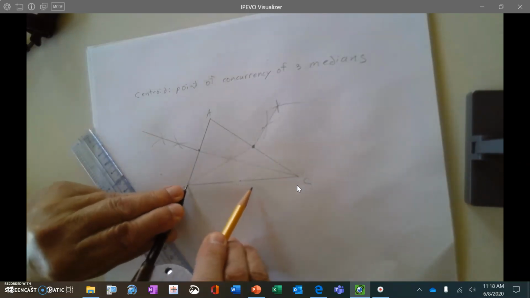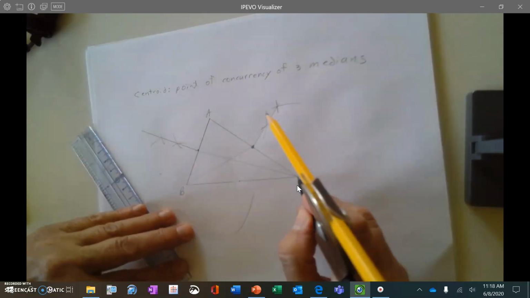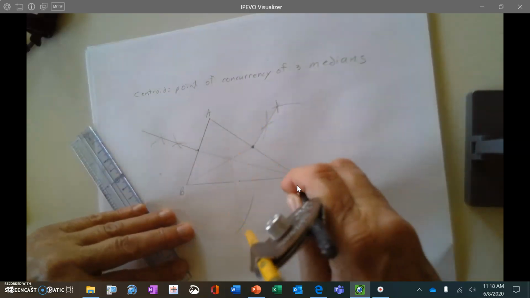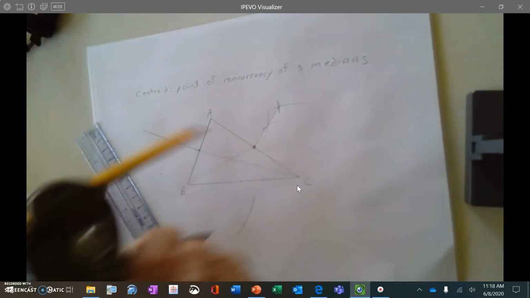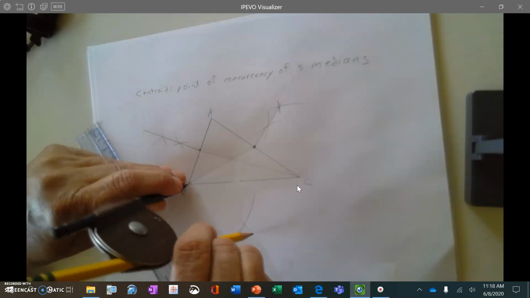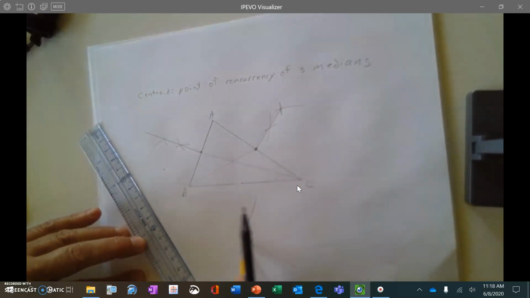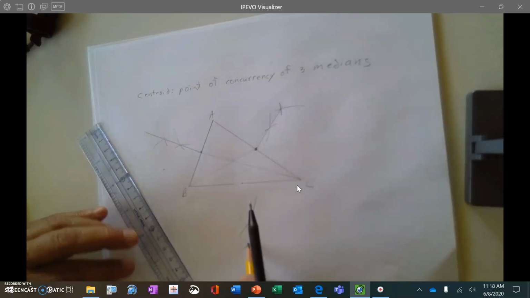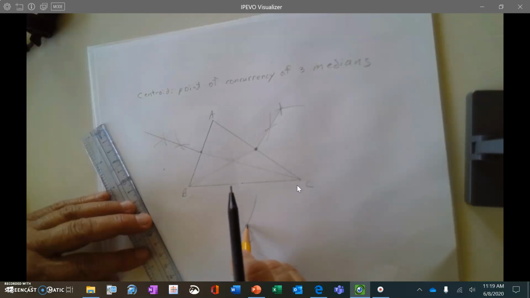So I'll go a little bit past the halfway point, create an arc, and from the other endpoint create an arc. I'll open up my compass a little bit wider and do the same thing from each endpoint. Now this point that I created is the same distance from C as it is from B, so it is on the perpendicular bisector of side BC. Same thing for this point here.